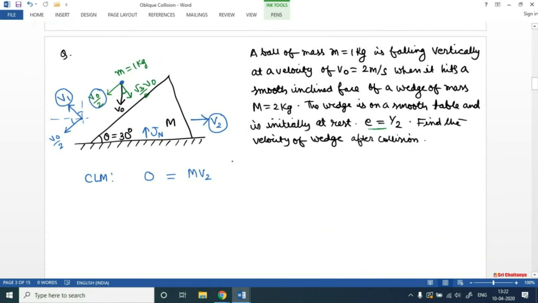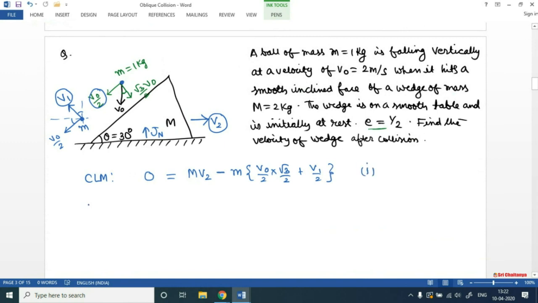So the linear momentum of the particle of mass m would be minus m times (v naught by 2 cos 30 degrees, that is root 3 by 2, plus v1 sin 30 degrees, that is v1 by 2). That is the equation for conservation of linear momentum.